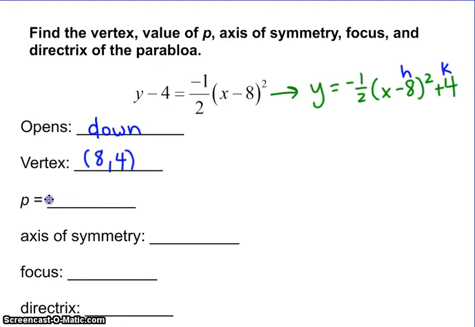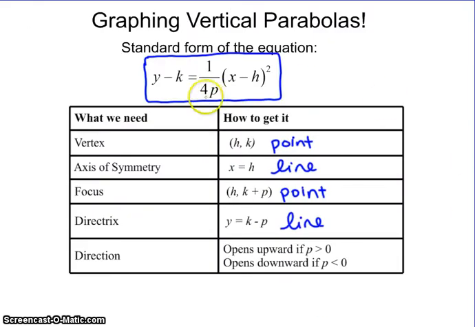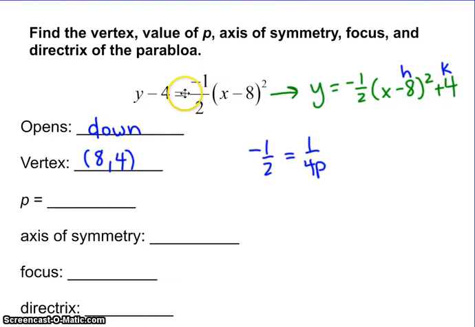Now, the next thing we need to do is find p, because remember that the focus and directrix rely on p. So negative 1/2 is going to be equal to 1/4p. And you're wondering, where did I get this from? So let's go back and look at the equation. The number in front of the parentheses is 1/4p. So negative 1/2 is 1/4p.